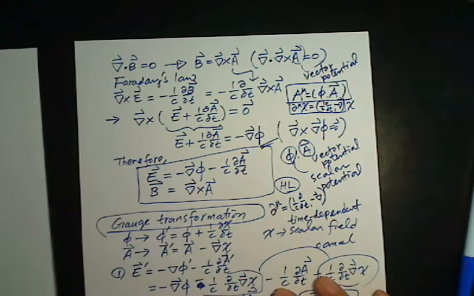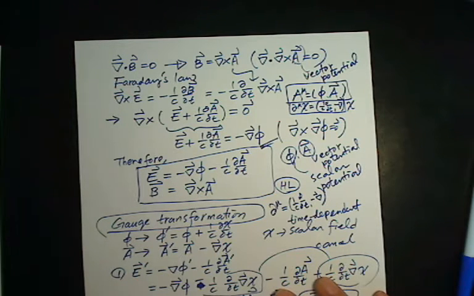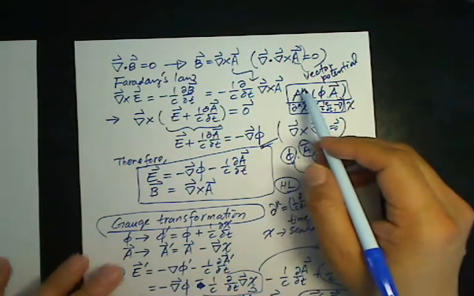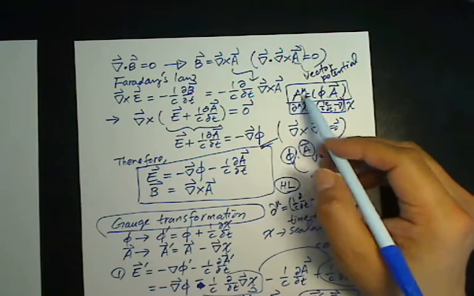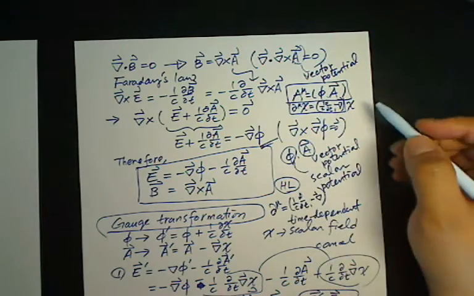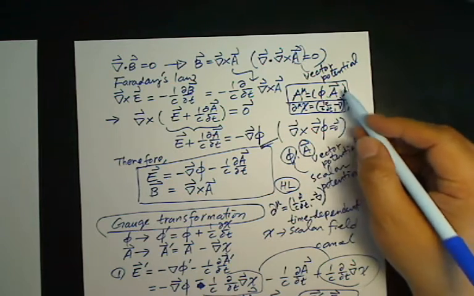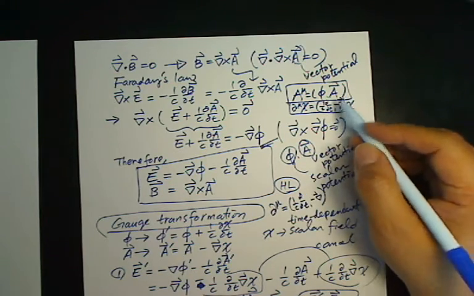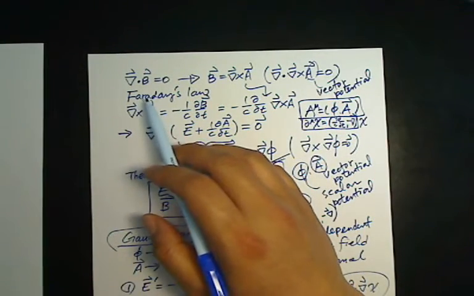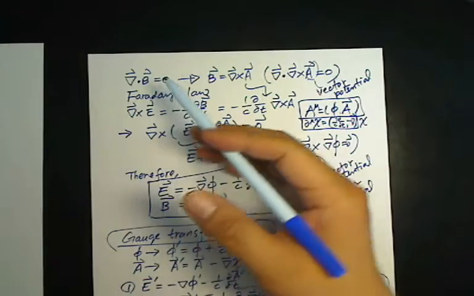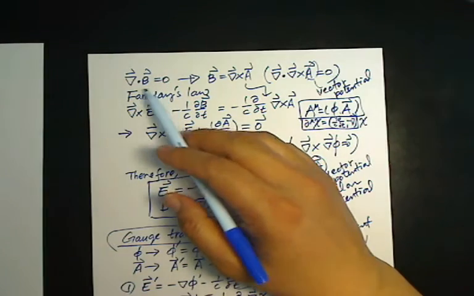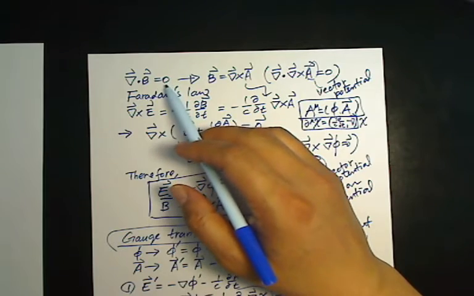Because you must be familiar with the relativistic theory, those potentials will compose the four-vector potential, whose time component is the scalar potential and whose spatial component is the vector potential. First of all, let us consider the fact that there is no magnetic monopole. There is no magnetic monopole, so divergence B equals 0.